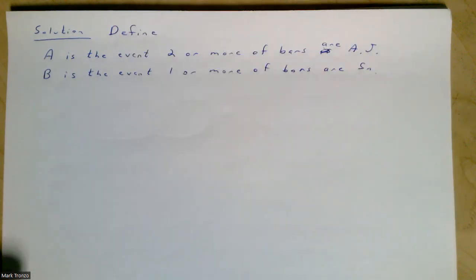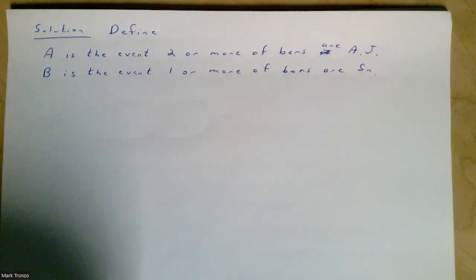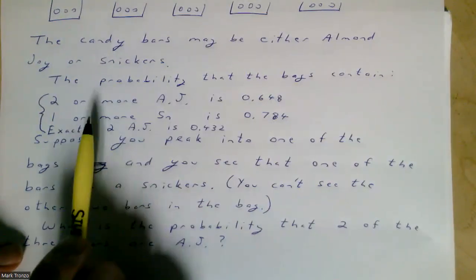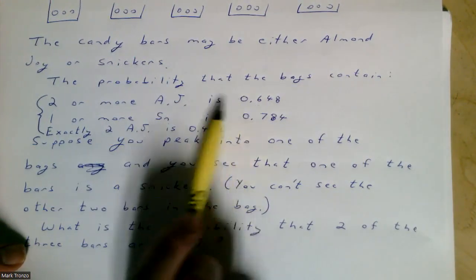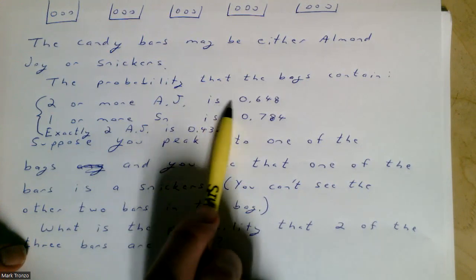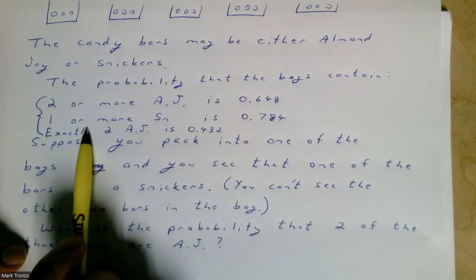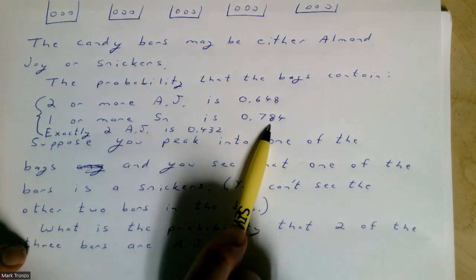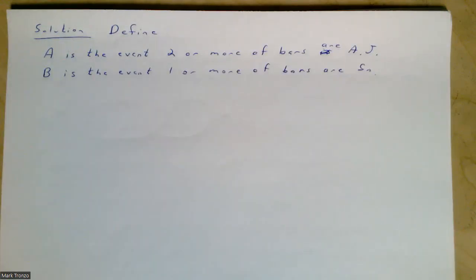Now again, I picked those 2 as our events because we were given those probabilities. We were given the probability of 2 or more being Almond Joy, and the probability of 1 or more being Snickers. That's why I picked those 2.